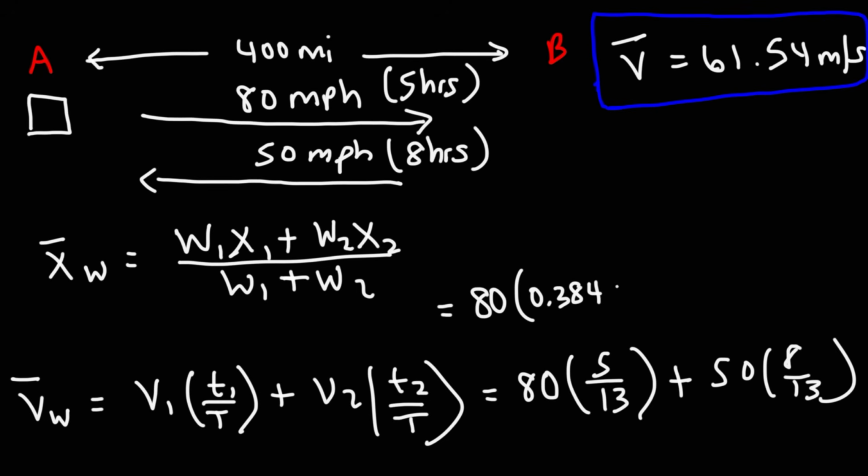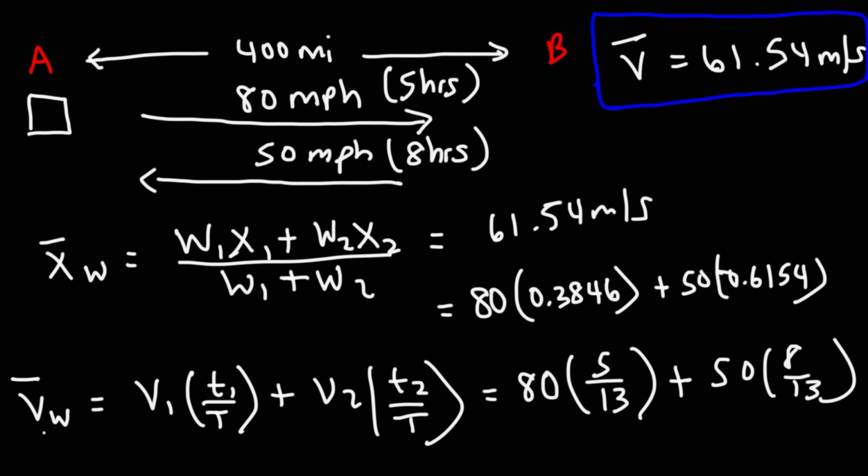So 5 over 13 is 0.3846, and 8 over 13 is 0.6154, interestingly. So if we multiply 80 by 0.3846, and then add that to 50 times 0.6154, you're going to get the same answer of 61.54 miles per hour.